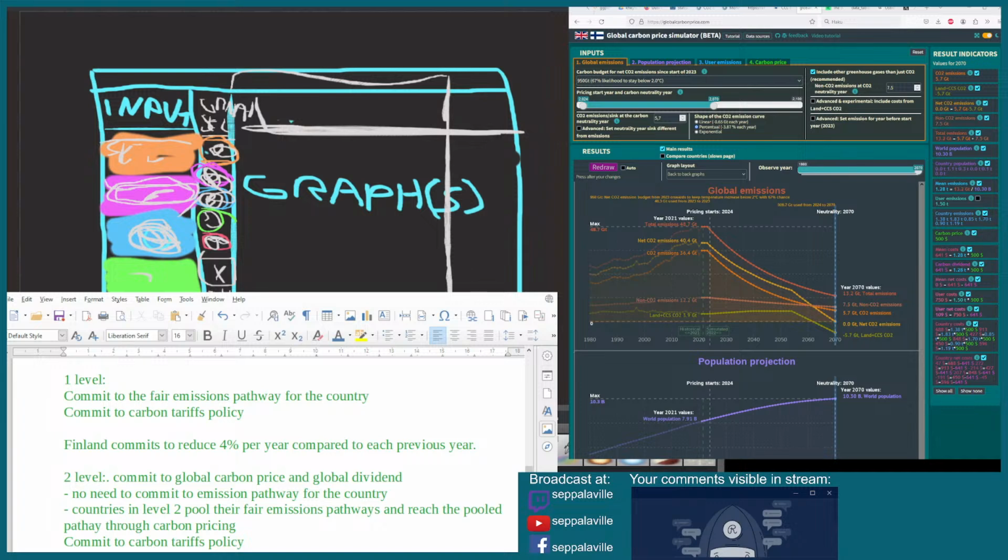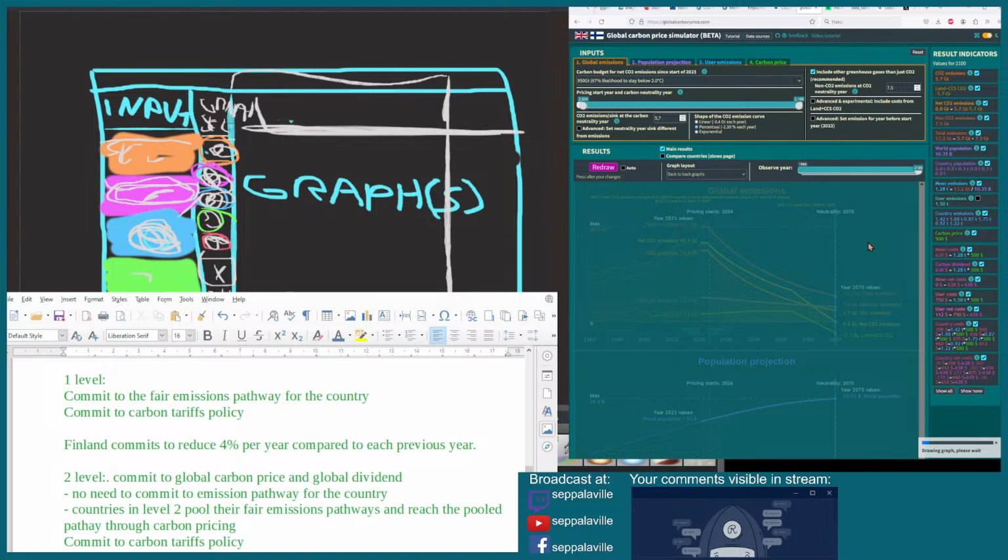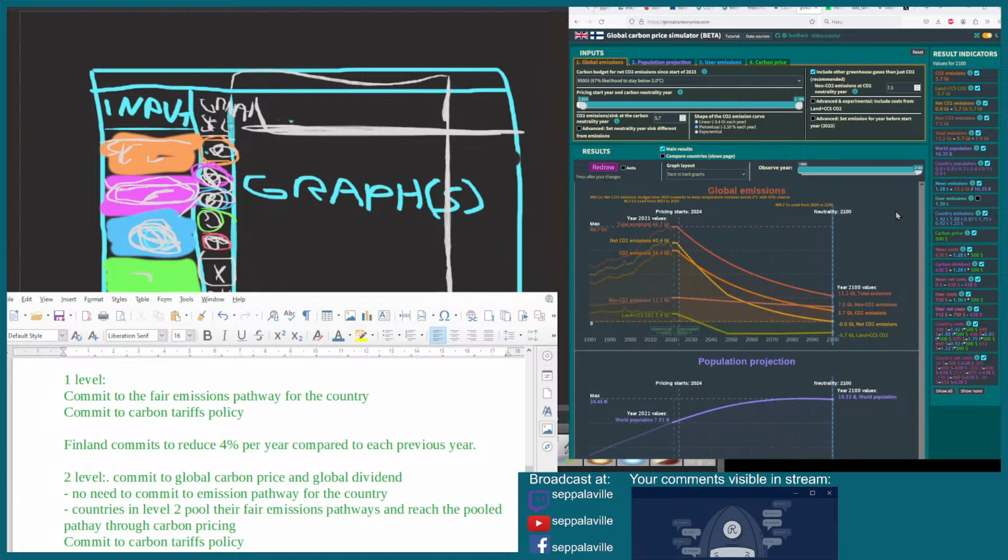But if I increase this neutrality year to 2100, it increases the graph area, and now the drawing area ends around 2140 or something like that.